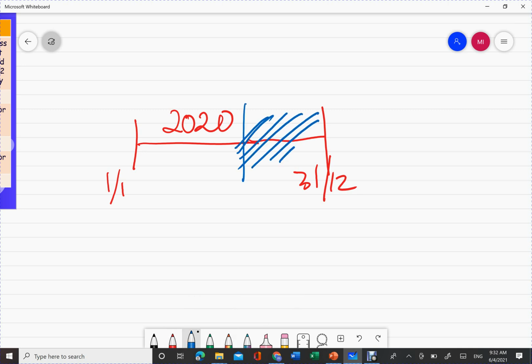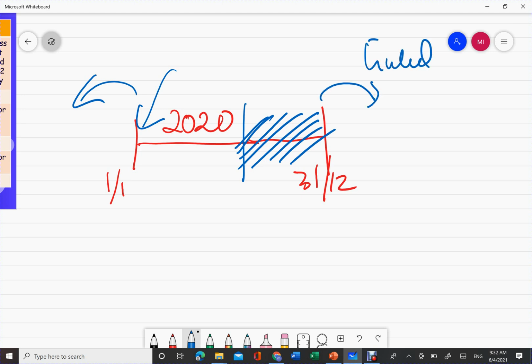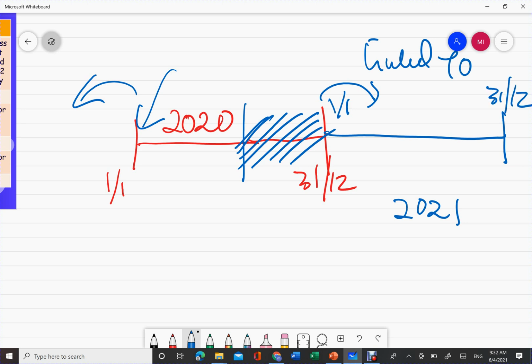Towards the end here. Notice, for link by earlier, they stayed on this side, because we wanted to link by with the previous year. This one is because we are trying to link to the following year, which would be year 2021. In year 2021, from 1 January until 31st December 2021, this person stayed in Malaysia and reached at least 182 days.